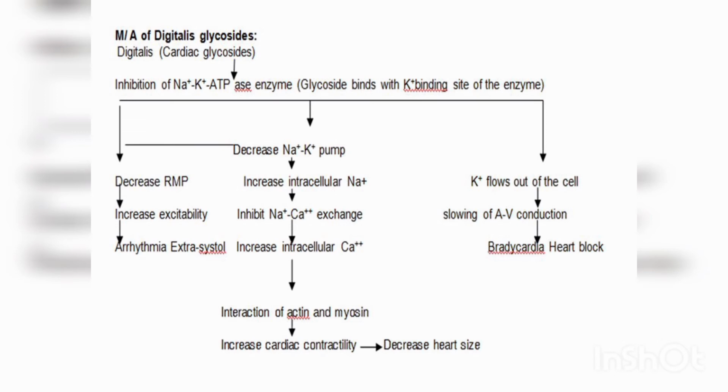Decrease sodium potassium pump, increase intracellular sodium, inhibit sodium calcium exchange, increase intracellular calcium. Potassium flows out of the cell, slowing of AV conduction, bradycardia, heart block. Interaction of actin and myosin, increase cardiac contractility, decrease heart size.